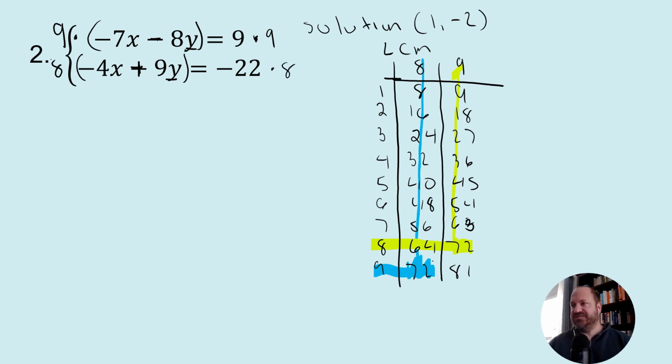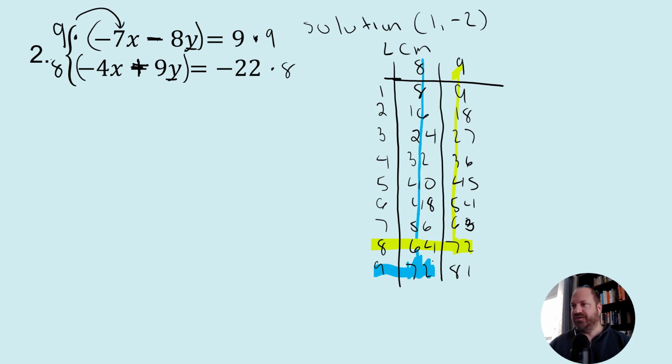And since I already have a negative and a positive, I already have opposite signs, I don't need to change the sign. I don't need to make this a negative 9 or negative 8 like I did in the previous method of solving when I eliminated the x's. So that's already done for me. I could just multiply by 9 and 8, and I'll get opposite coefficients for my y values.